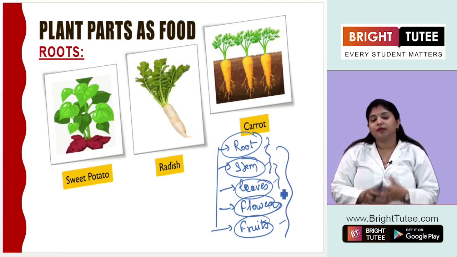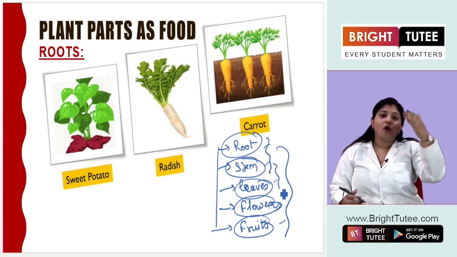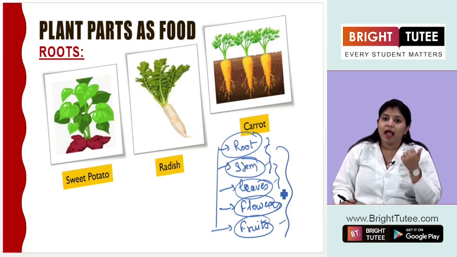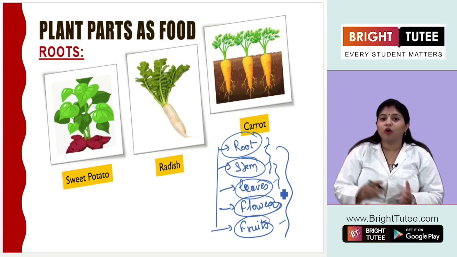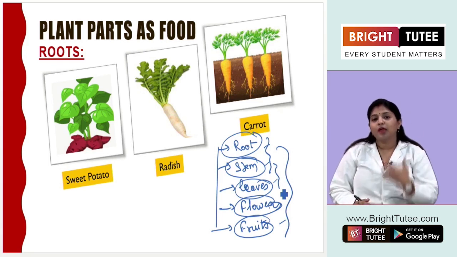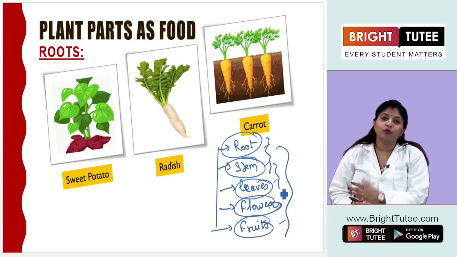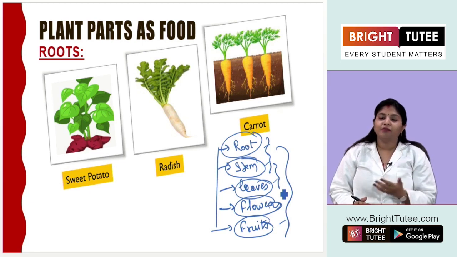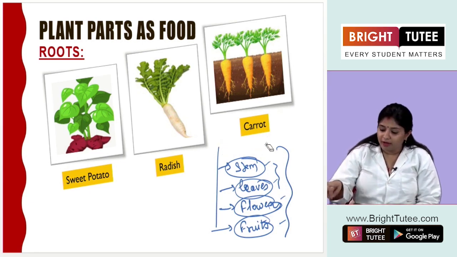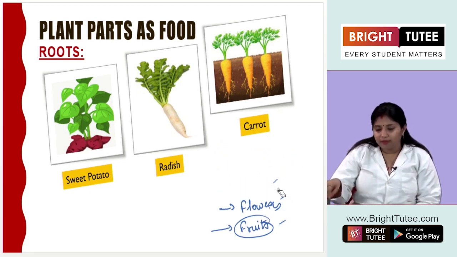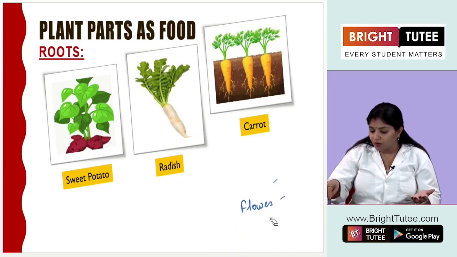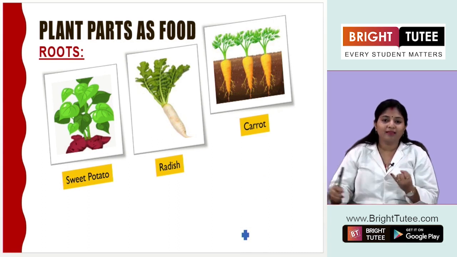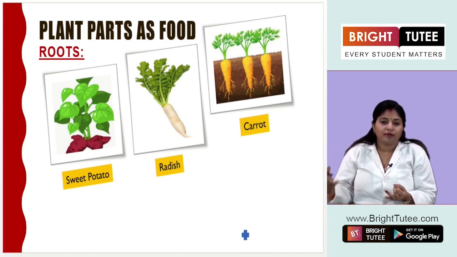In some plants all the parts are edible and useful for us in one way or the other. We use plant parts not only as food but also as spice, as medicine and for different other things. So plants play a very important role for our food requirements and also for our other requirements, say medicine and spices.